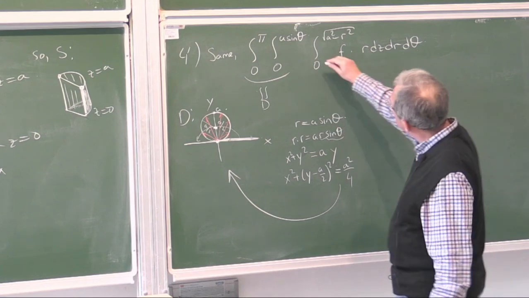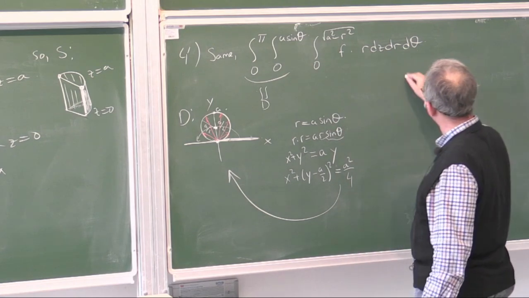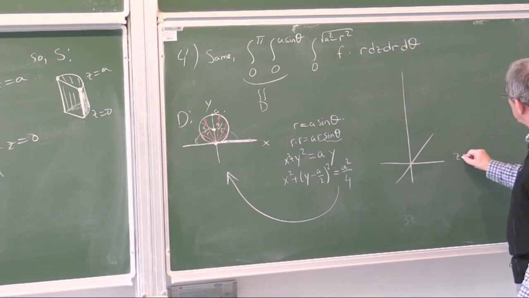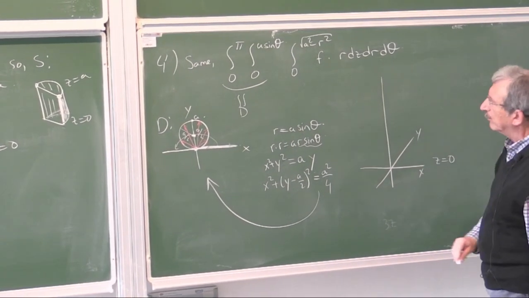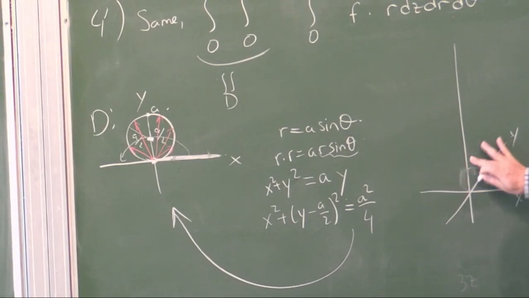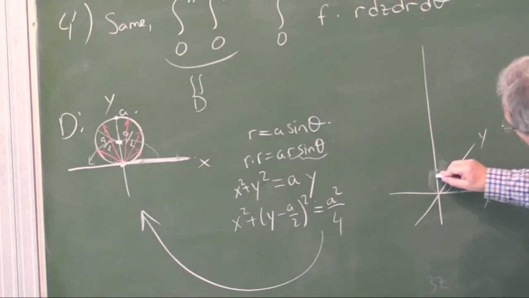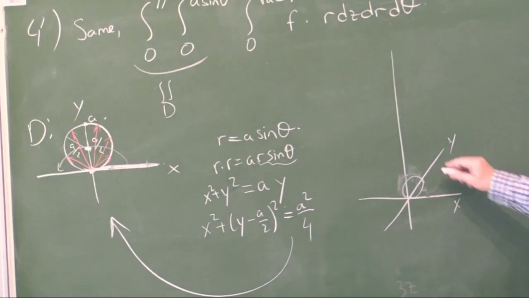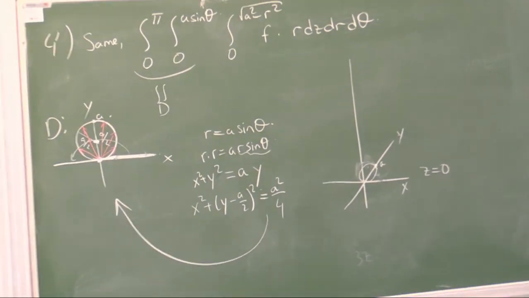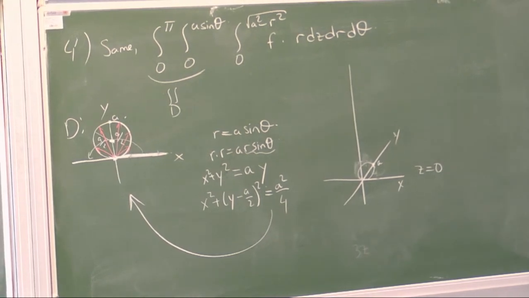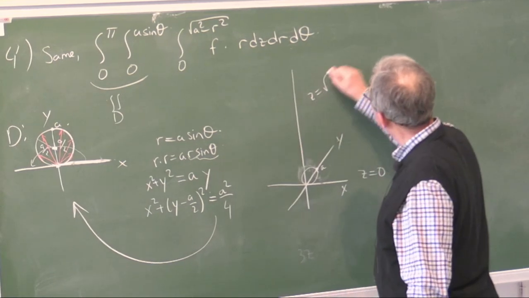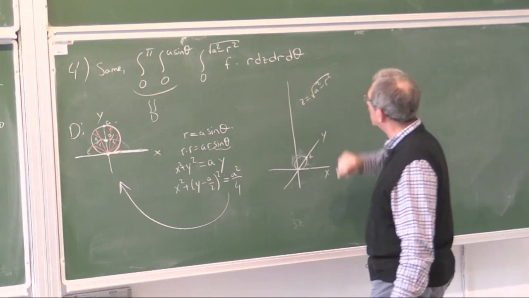Well, it is bounded by z equal to 0. Okay. We have here a circle. Well, that's too fat. Something like this, with A here. And from the top, it's bounded by z equal to root a squared minus r squared.